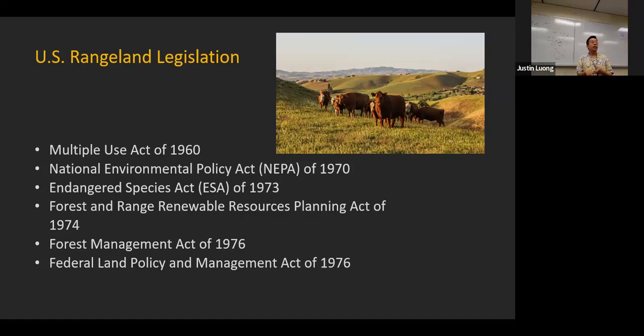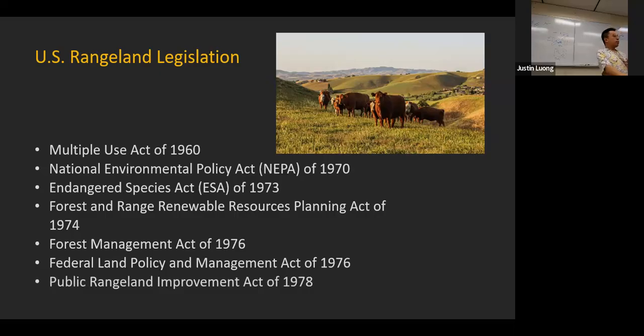Again, scientific, scenic, historical, ecological, environmental, archaeological, water, and air. Those all have to be preserved and protected with any management that's being undertaken on public lands. It also states that there should be room for outdoor recreation and human occupancy and use. And so again, further mandating that multiple use.